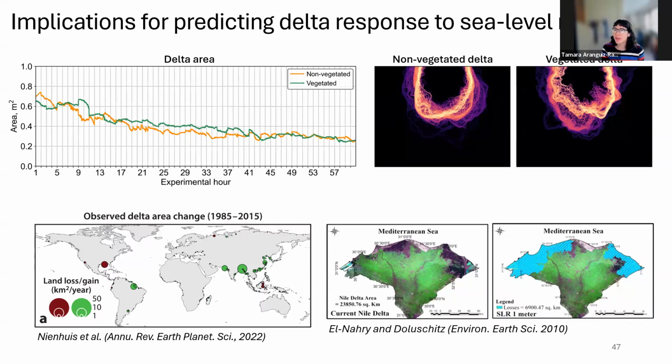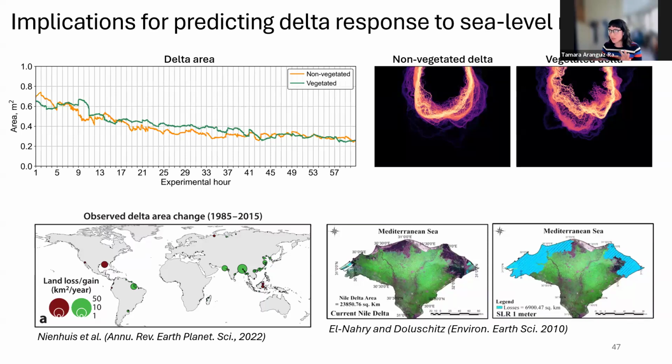I know very little about deltas, but I remember a talk about deltas, and the message I took with me was that if there is a constant sea level rise, the delta advances seaward. But if there is an increase in sea level rise, the delta evolves a lot.